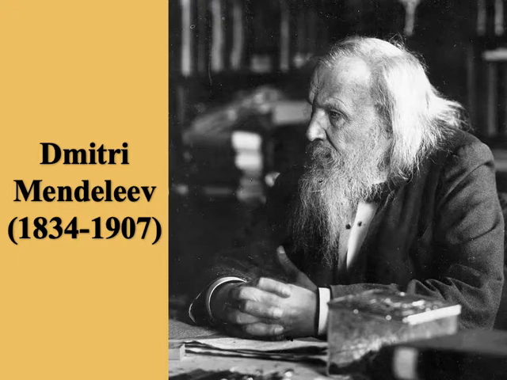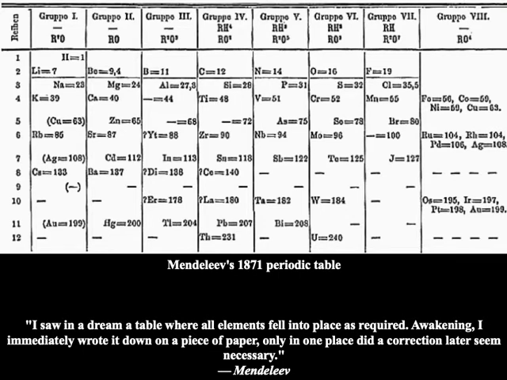Dmitry Mendeleev, who is a very important Russian physicist and scientist, is credited with the development and writing down of the periodic table. The periodic table, of course, is going to become very fundamental for chemists and additional research that is also going to fuel the Second Industrial Revolution.